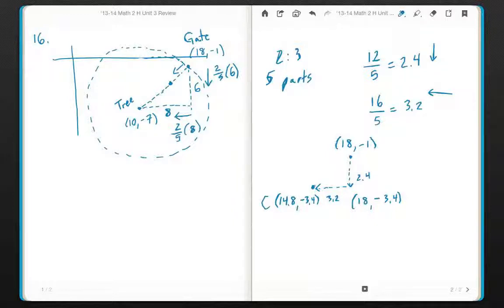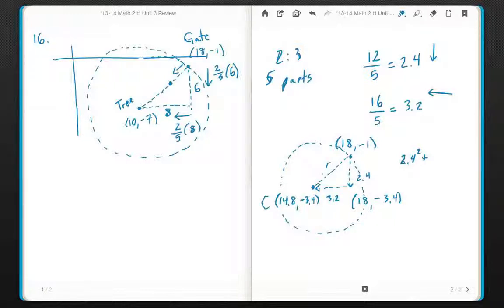So now the only other thing I need to know besides the center is the radius, and then I can actually write the equation. So this radius, we can just use Pythagorean theorem. Just to make sure it's clear that that is the radius, imagine this is the center, this is on the edge of the circle. So in fact the circle is coming around something like this. All right.